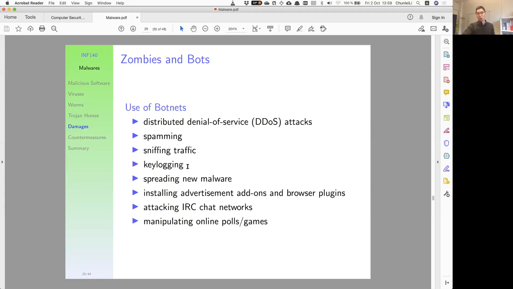If the attacker wants to capture some traffic he or she is interested in, it's really handy to use these botnets. Then key logging, and spreading new malware, because the number of bots makes the spreading speed much faster. And installing advertisements, that's adware, and manipulating online polls and games. That's also an interesting attack by botnets.